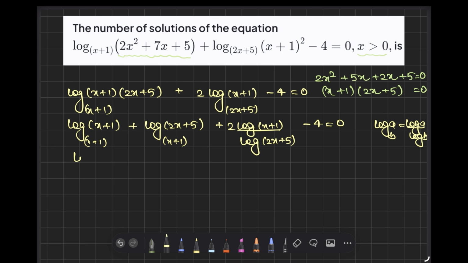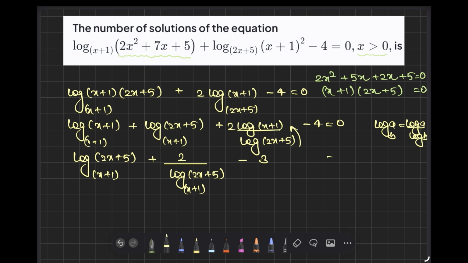So can I write log 2x plus 5 base x plus 1 plus 2 by, now we will write down this thing from bottom to top, not top to bottom. Top to bottom it is log x plus 1 base 2x plus 5, but if you go from bottom to top, it will look like log 2x plus 5 base x plus 1, and then minus 3 because there was 1 plus.